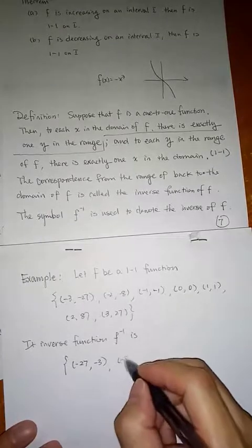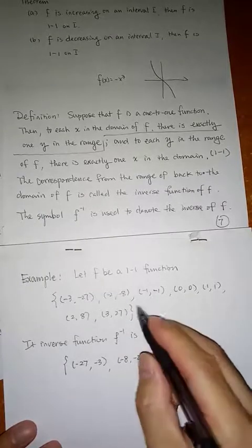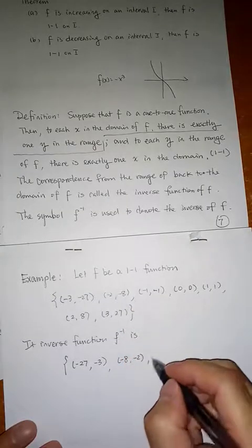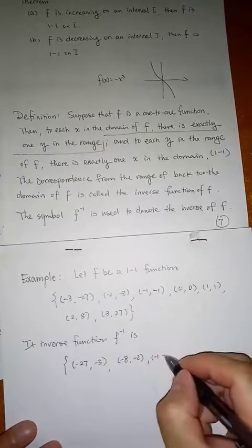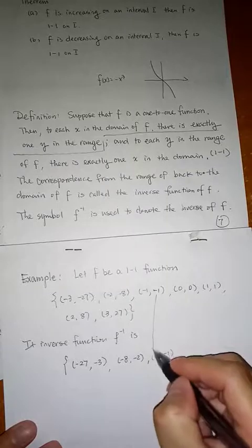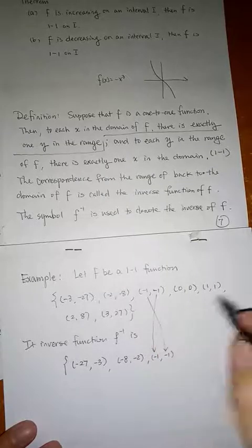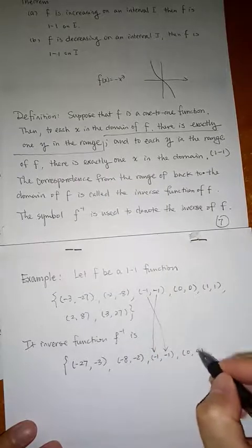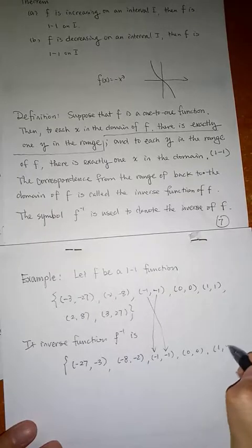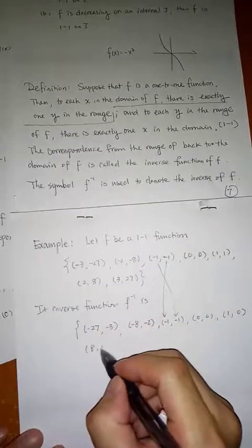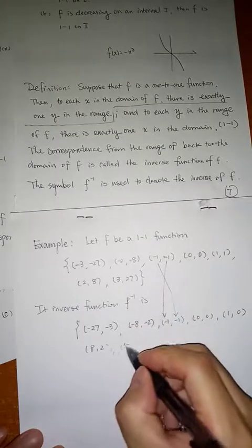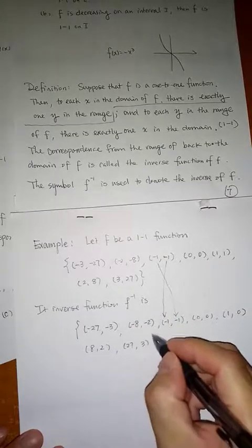Here the same thing: -8 becomes input, -2 becomes output. -1 becomes input, the other -1 becomes output. You actually switch them. And here 0, 0, you also switch them. 1, 1, you switch. And 2, 8, you switch, you get 8, 2. 3, 27, you get 27, 3.